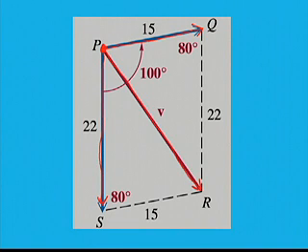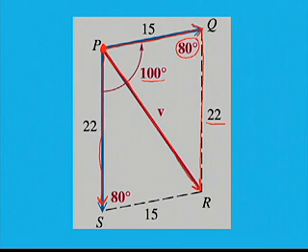So we can see that this angle Q is 80 degrees because the adjacent angles in a parallelogram are supplementary. That is, they add up to 180. And since this angle was 100, we know that's 80. In addition, we know the sides of a parallelogram, opposite sides are equal, so this is 22.